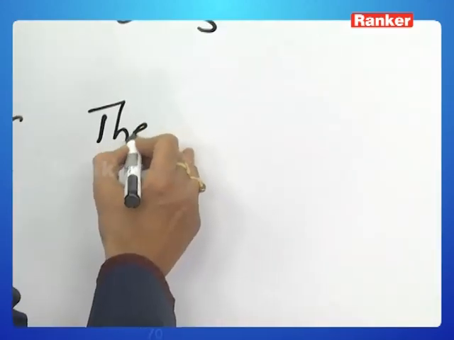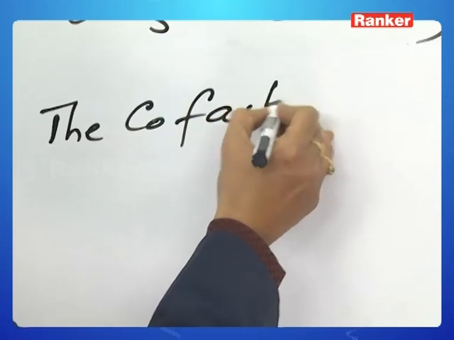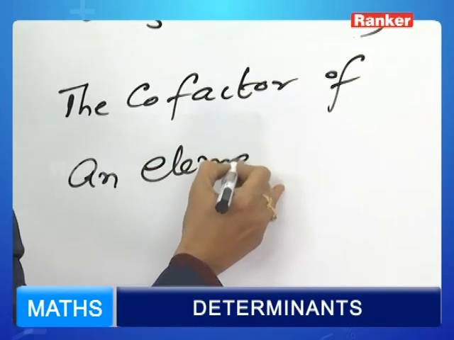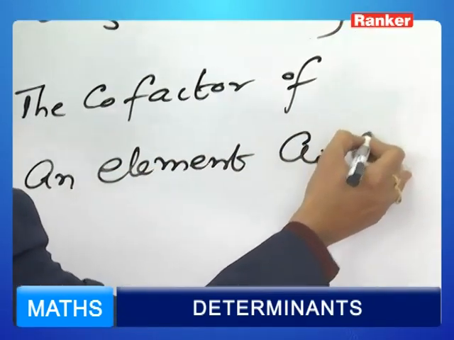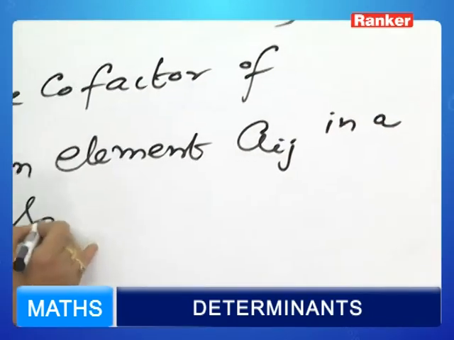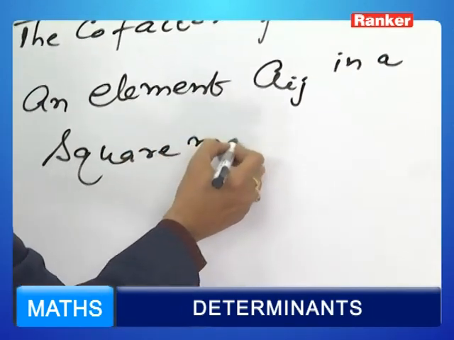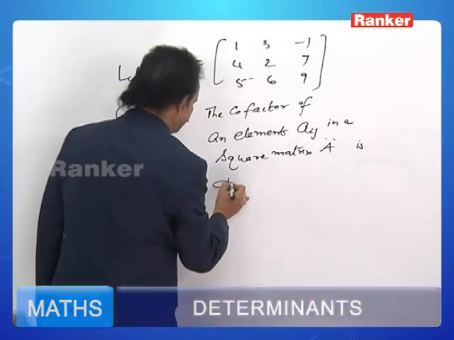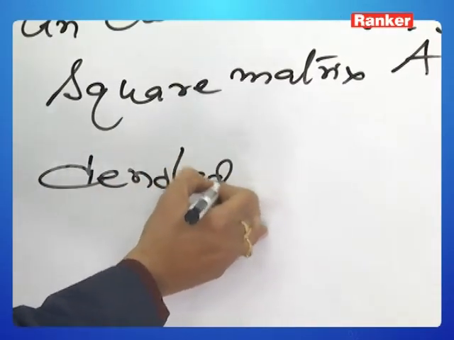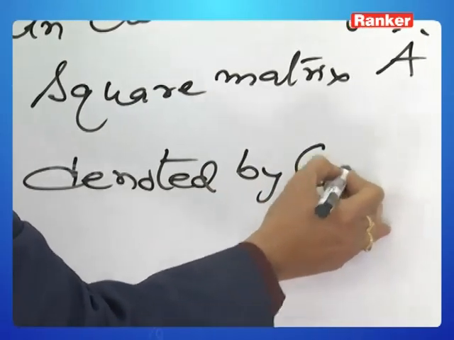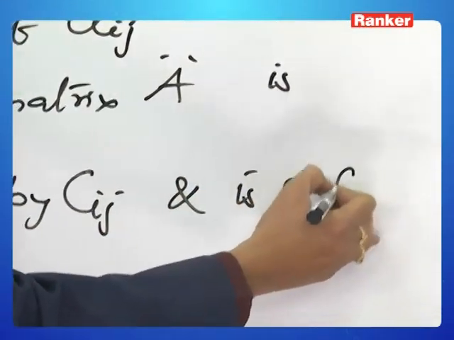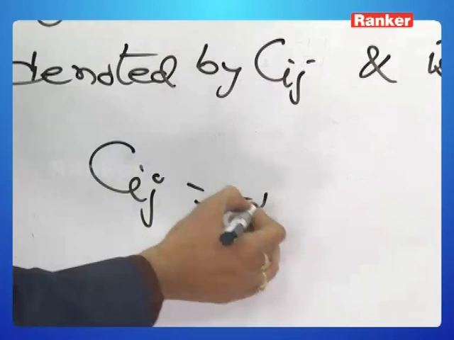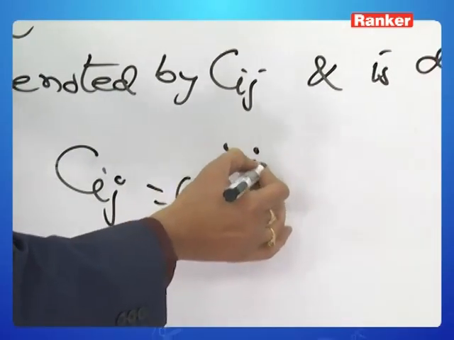The cofactor of an element Aij in a square matrix A is denoted by Cij and is defined as Cij equals minus 1 whole power i plus j into Mij.